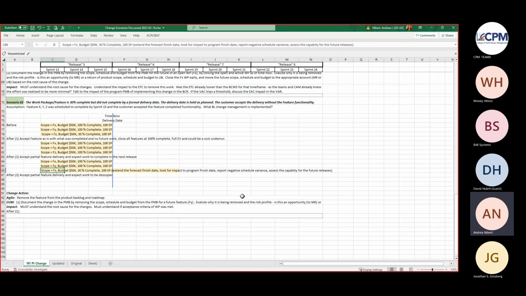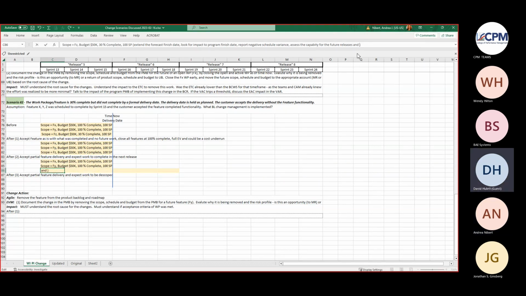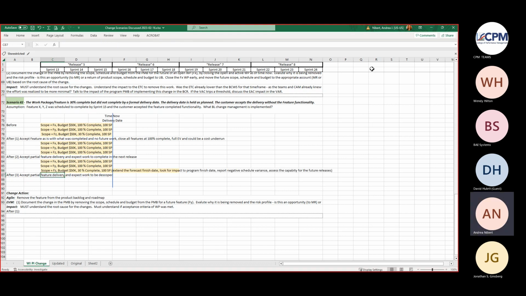And then you have to assess the capacity for the future releases and look for the impact to the program finish date. So I think that's part of the analysis that needs to be done, and this is a potential option that could happen based on what piece of it the customer does or does not accept.